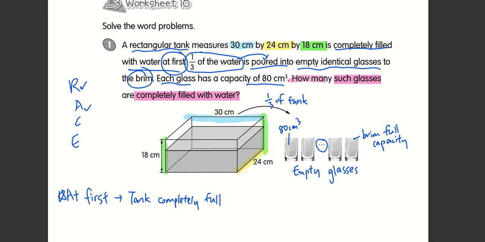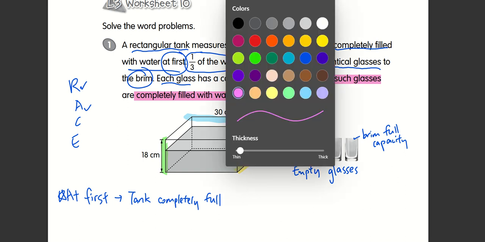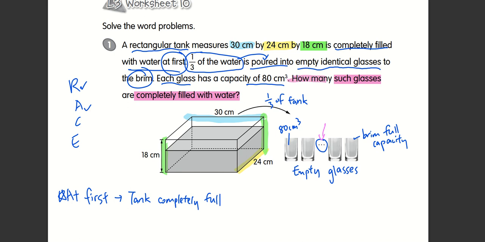That explains why here is the question mark, because you don't know how many. So the purpose is to get the tank filled up, take some water, that's 1/3 of it, pour into the glasses. The glasses are all filled to full capacity, 80 cubic centimeters. And you ask how many of such glasses can be completely filled.